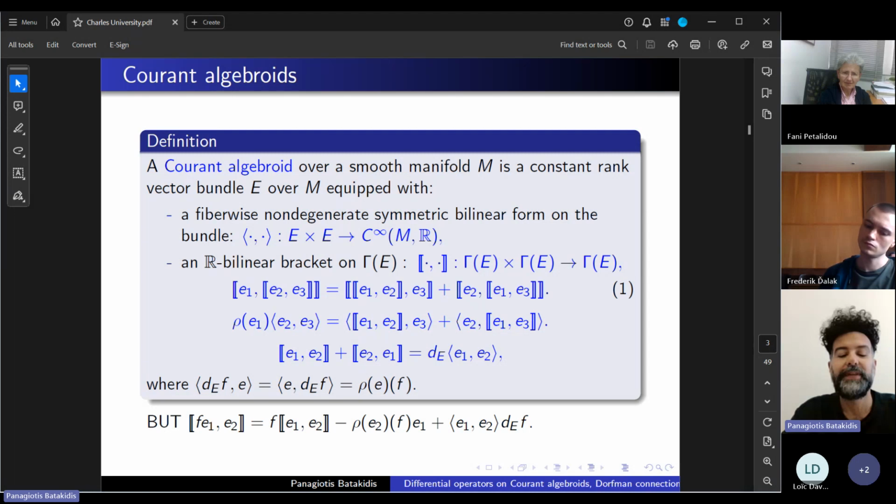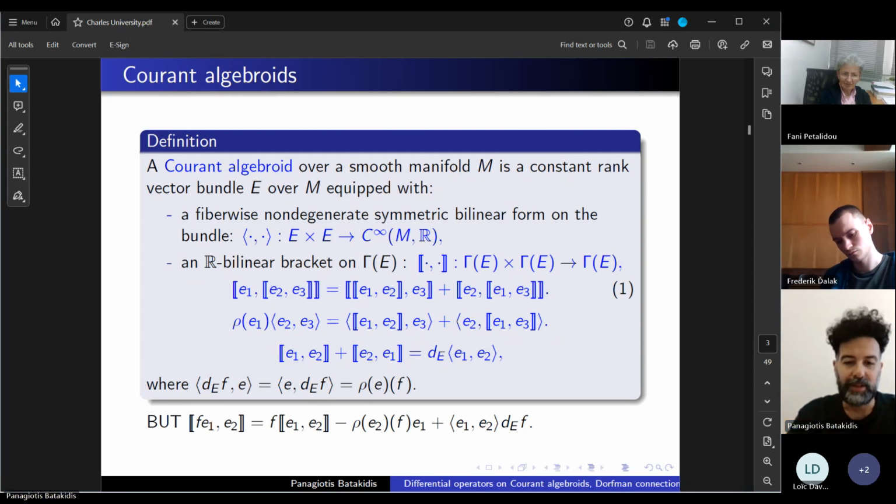And this produces too many problems when you want to ask whether higher constructions on Courant algebroids can lead to tensors or not, and so on. So that's one of the problems that will be underlying everything I'm going to talk about next.